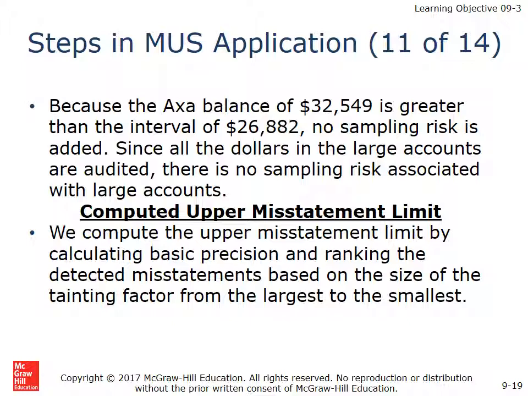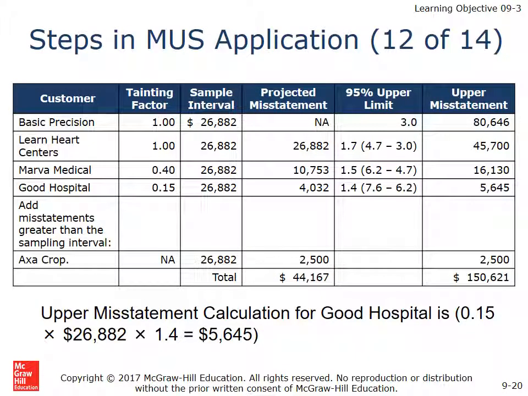So we have our basic precision, we have our tainting factor: 100% for Learnhardt Centers, 40% for Marva, 15% for Good Hospital.